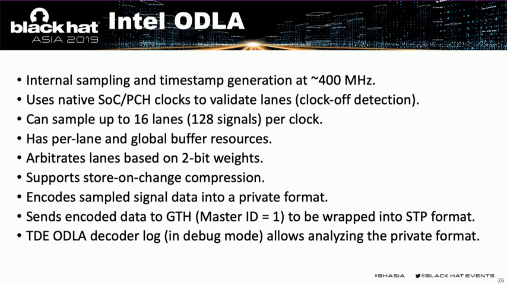We have found that ODLA encodes digital data of signals in a private format and sends them to the global trace hub with master ID equal to 1. The trace decoder engine library has a special debug mode, after activating which you can expect the ODLA private format and check the correctness of the trace decoder engine ODLA decoder.